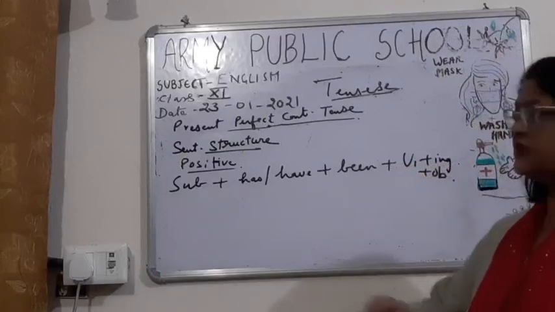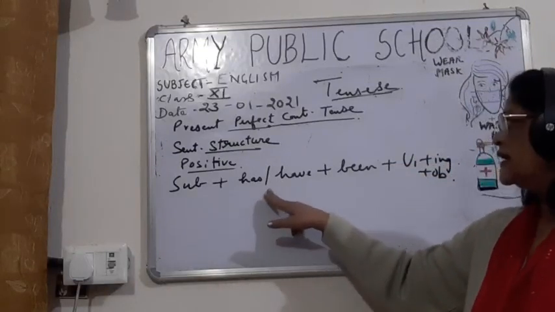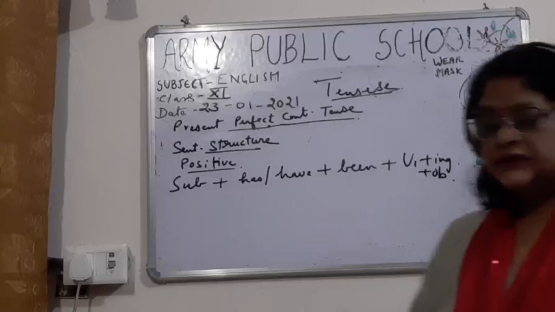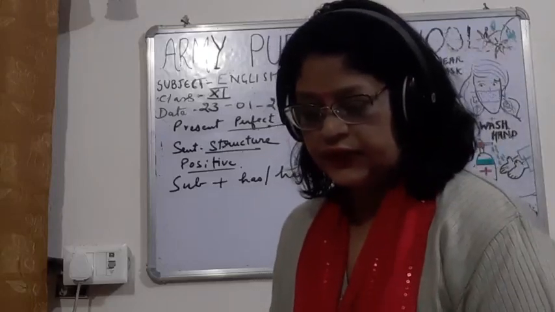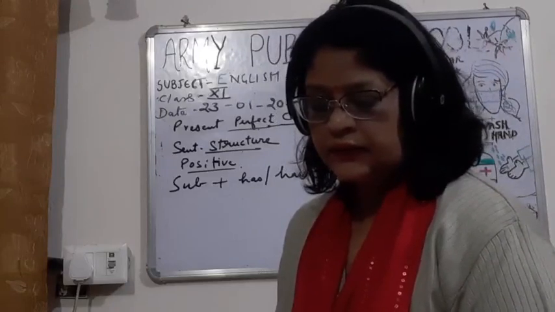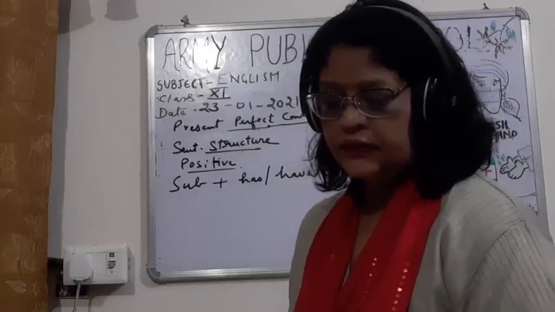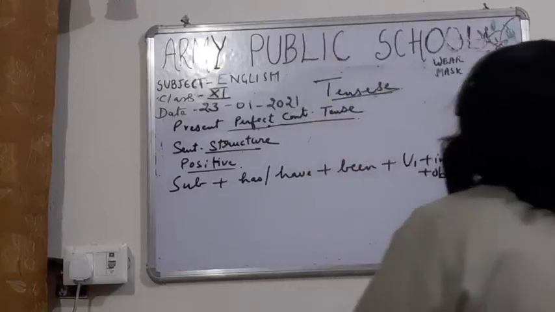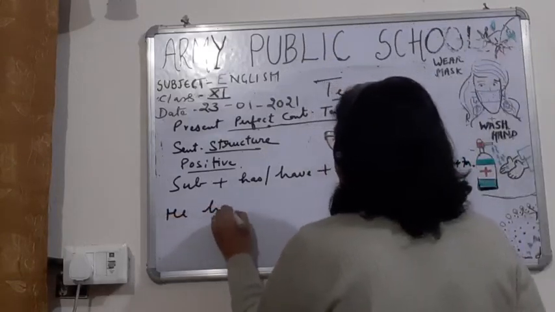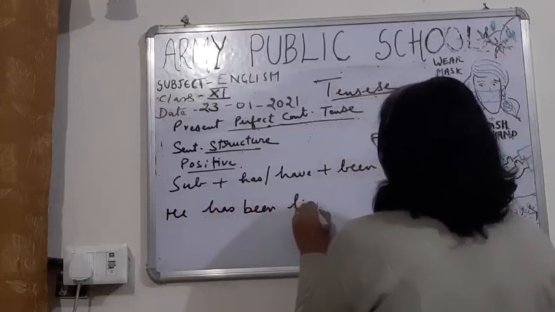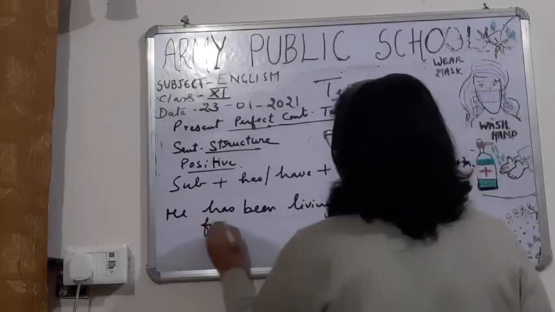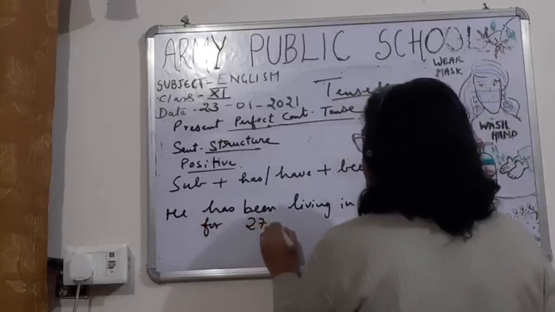So this is the sentence structure. Here we have to write for. Okay, for should also be there. Like he has been living in India for 27 years.